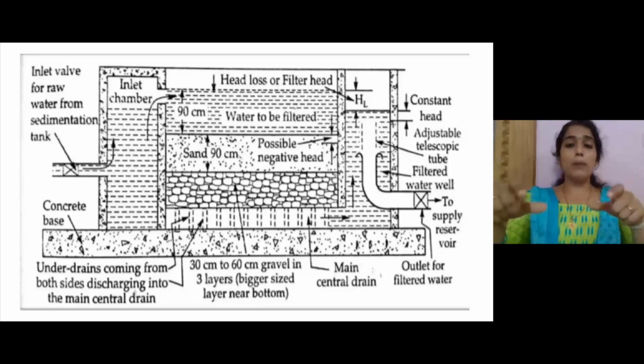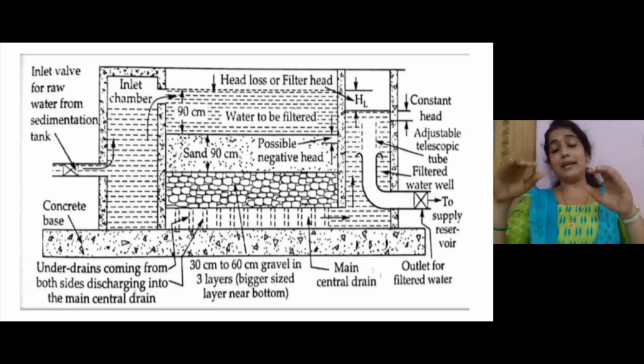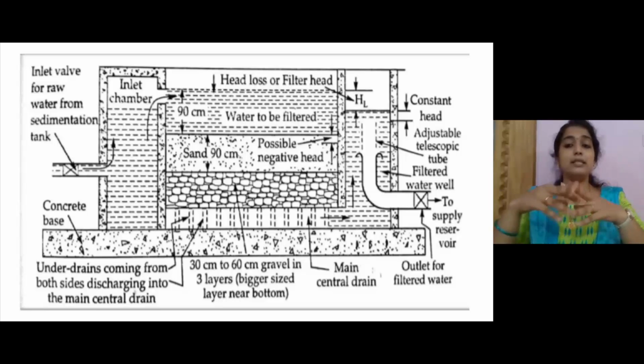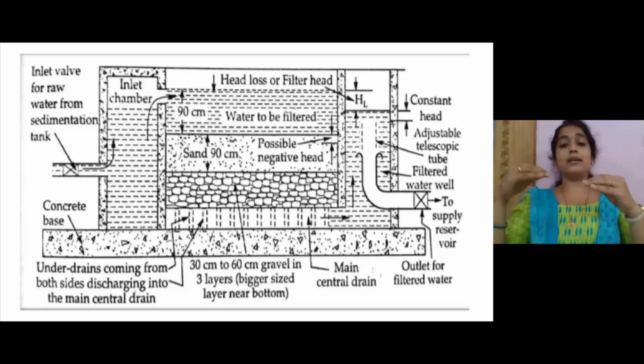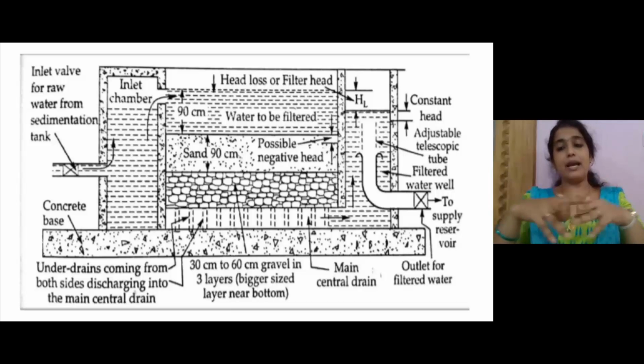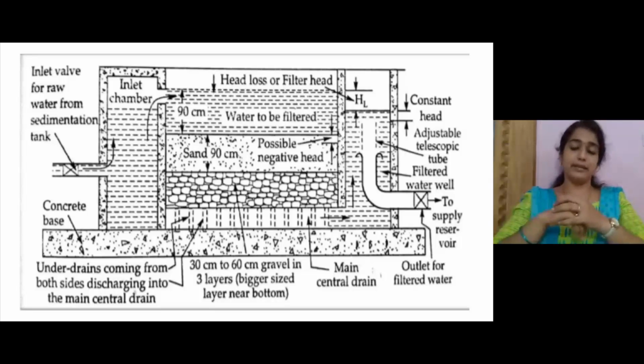An adjustable telescopic tube is provided at the outlet pipe in the filtered water well, in order to keep the head constant. That is, the head should be at a constant level in the filtered water well, and the water withdrawal should be at a uniform rate.